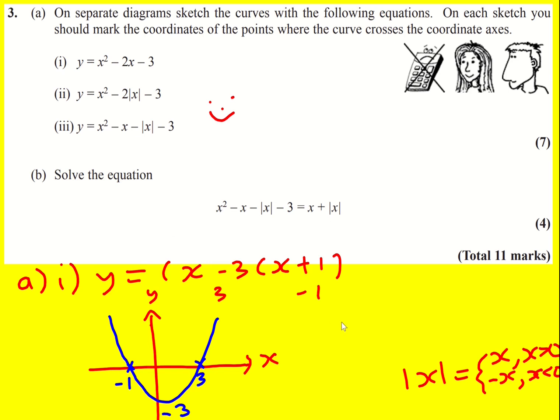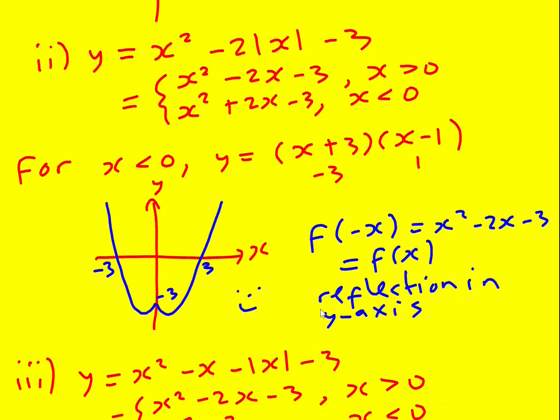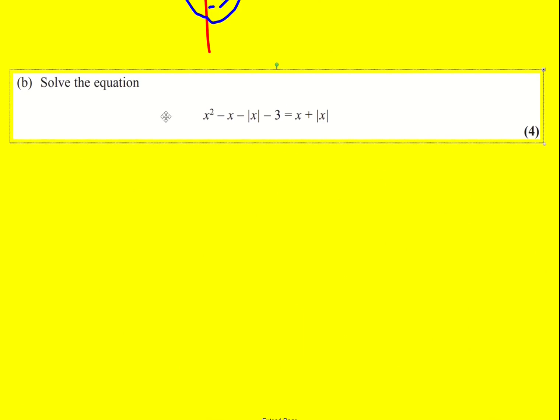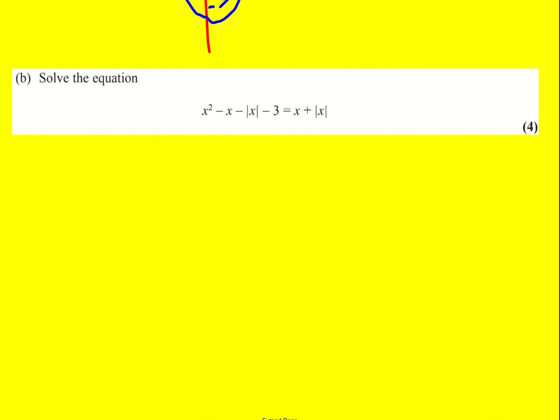Now, you could take a graphical approach to this. I kind of just think an algebraic approach will work just fine. So that's what I'm going to do. There's going to be two situations we need to look at: x greater than 0 and x less than 0, because that's just how we use the modulus function slightly differently in those situations.